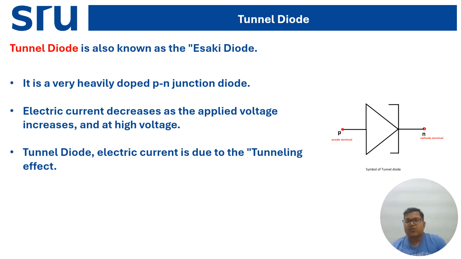In the normal diode, generally what happens is that the electron from the n-side conduction band wants to jump over the potential barrier at the junction, and obviously the same thing happens for the holes on the p side.